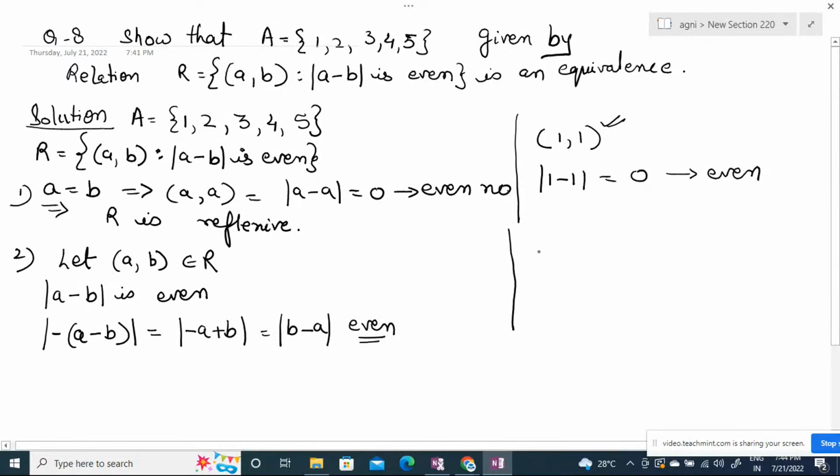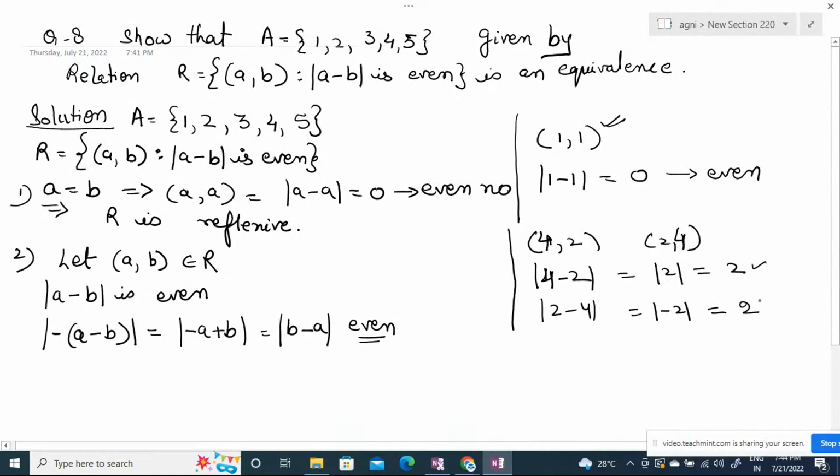For example, if I take 4 and 2, and then 2 and 4, then 4 minus 2 gives 2, and 2 minus 4 gives minus 2. When we take it outside the mod, we get plus 2. Both of them are even. So (A, B) and (B, A) both belong to the relation. So it satisfies the symmetric condition. So R is symmetric.